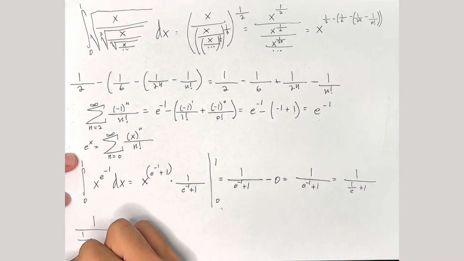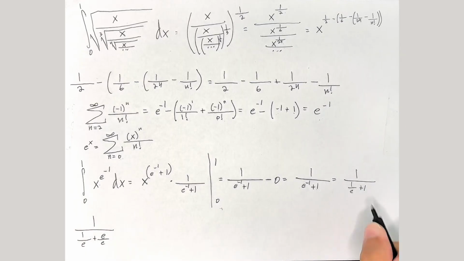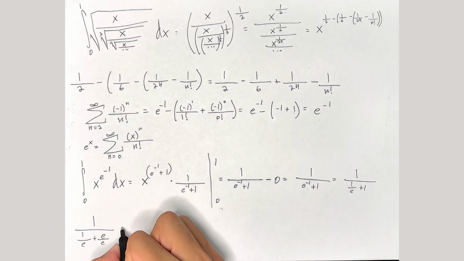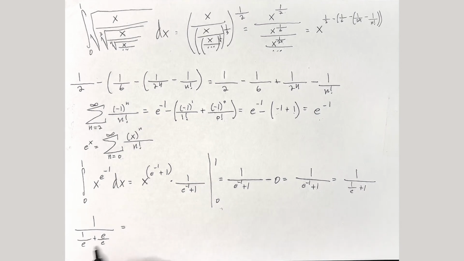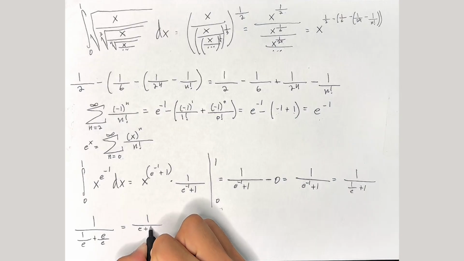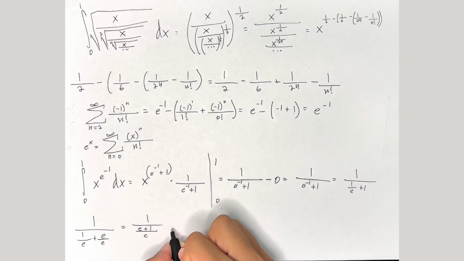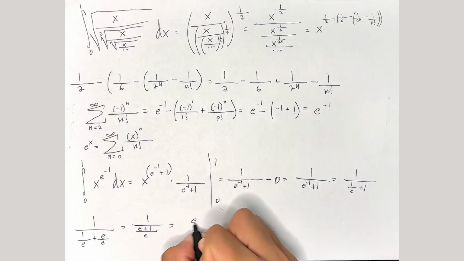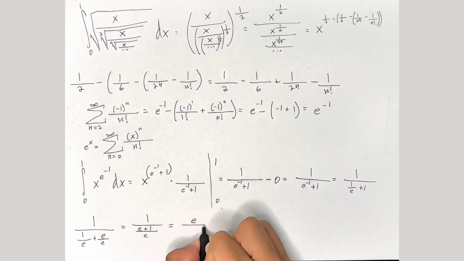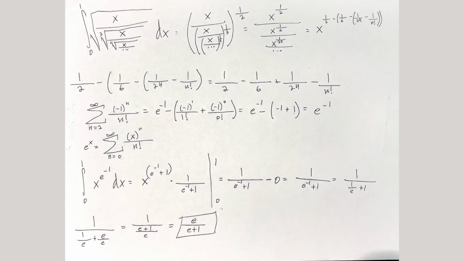From this we can get 1 over e plus e over e, which is 1, so it matches. And then we can combine terms since we have the same denominator, and we get 1 over e plus 1 over e. We can then flip this and we get e over e plus 1 as our final answer.